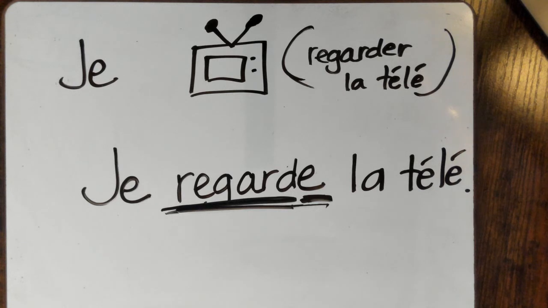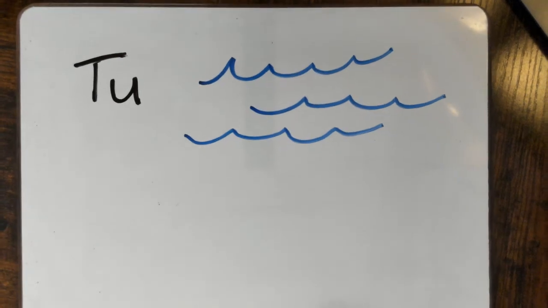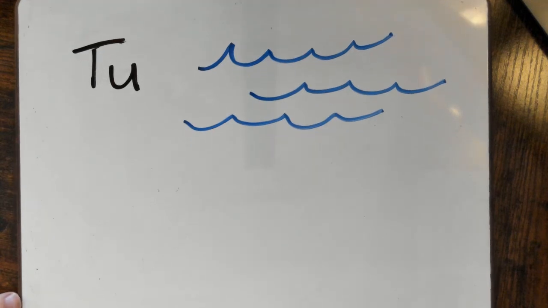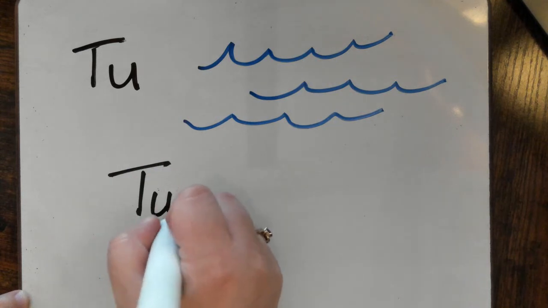Now why don't you try some on your own? Okay, here's the next one. Your subject is going to be tu, and your activity is going to be what you see in the picture. And if you can't tell what that's a picture of, it's water. So go ahead and write the sentence on your paper. And here's what I would write.